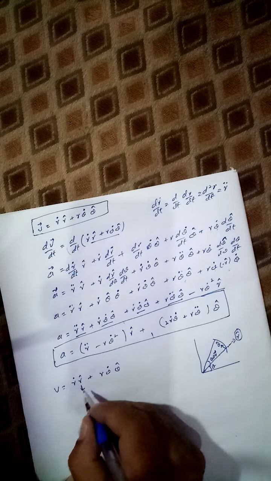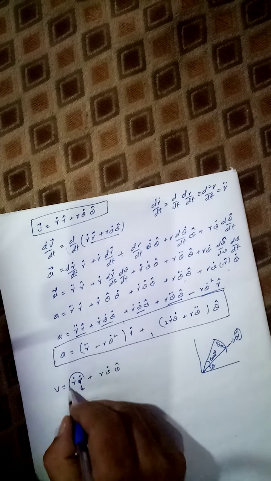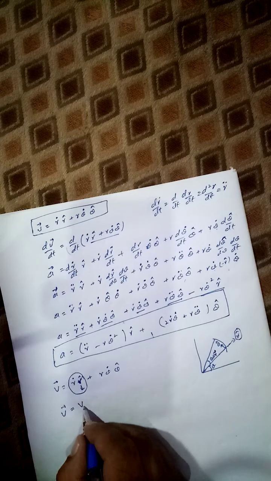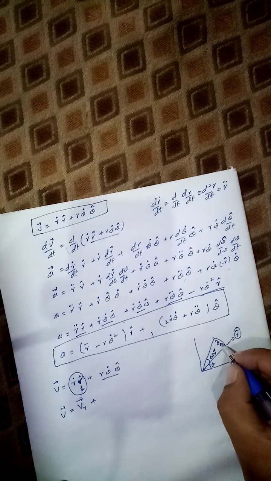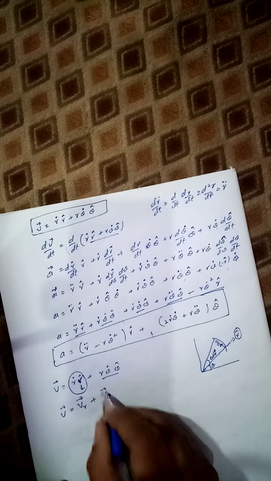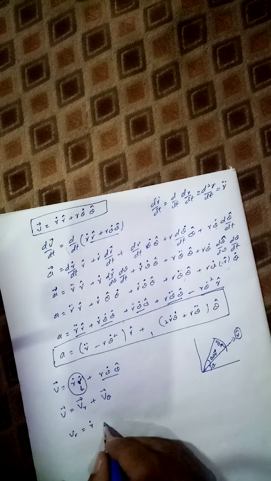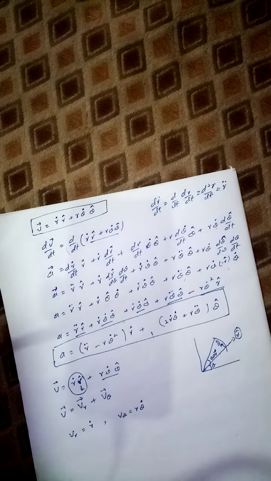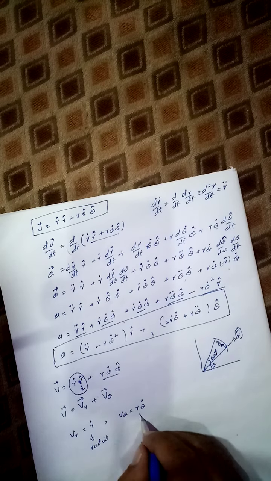This term contains the r cap unit vector, so this term represents the radial velocity, plus this term contains theta cap, and theta cap represents the tangential direction, so this will be the tangential velocity. So the magnitude of radial velocity is r dot, and the magnitude of tangential velocity is r theta dot. This is radial velocity and this is tangential velocity.